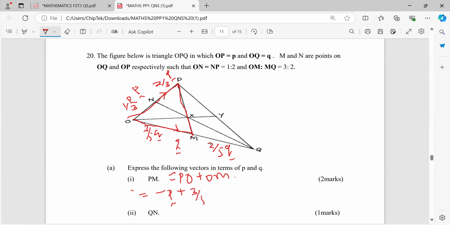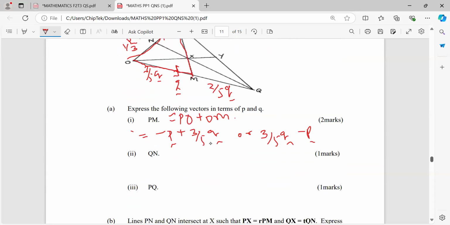So plus 3/5Q. Na hii pia, you're going along the direction, so itakuwa positive. So this one is the answer. Sawa, mpaka hapo tuelewa. Sawa, QN.